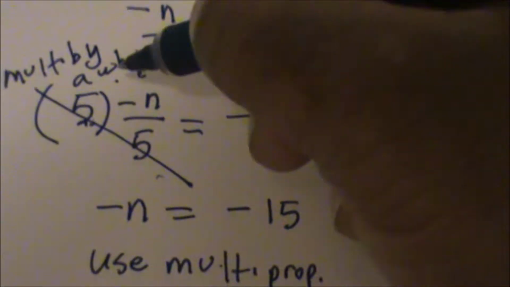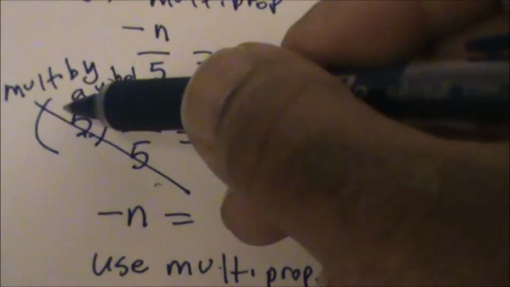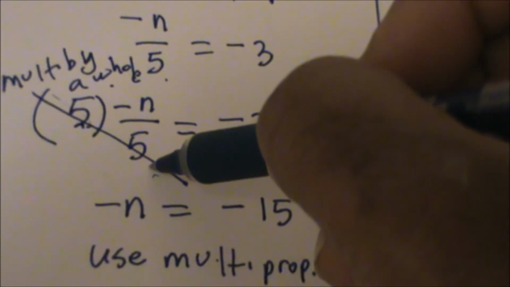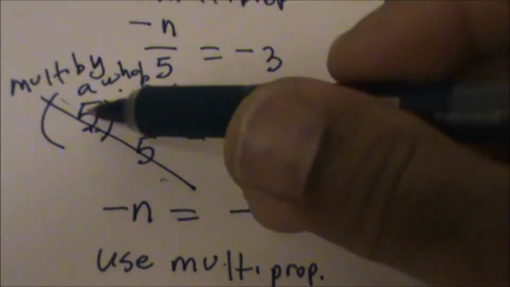So we multiply by a whole number to cancel out the 5. And when we did that, we multiplied by 5.